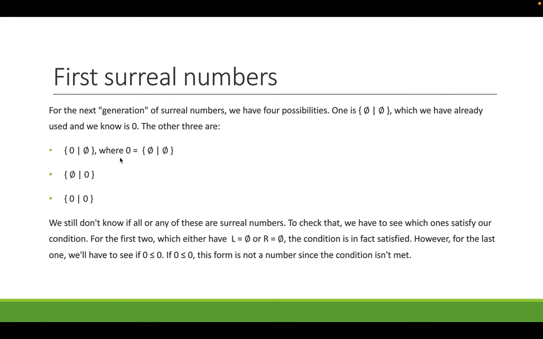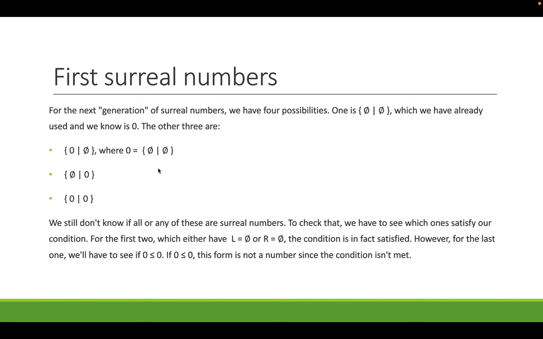The other 3 are 0 as L and the empty set as R, then the other way around, 0 as R and the empty set as L, and the last one is 0 and 0. But we still don't know if all or in fact any of these are surreal numbers. And to see, we have to check which ones satisfy our condition.